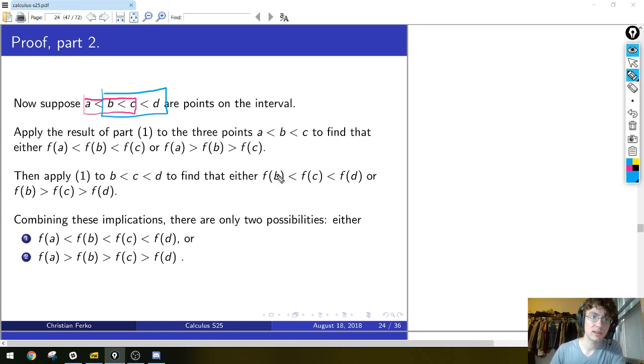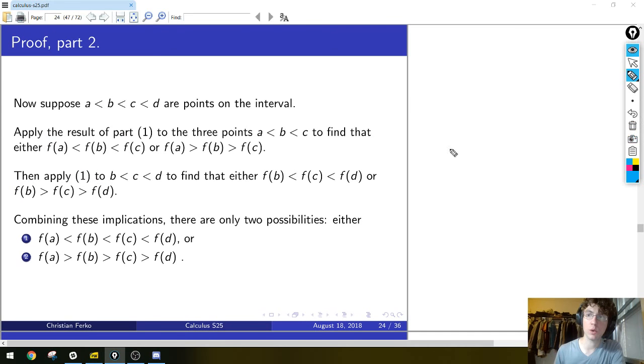But if both of these are true, then it must be that either it's strictly ascending in all 4 or strictly descending in all 4. I could not have that the first 3 are ascending and the second set of 3 are descending. I can't have both of these because the first one implies f of b is less than f of c and the second one implies f of b is greater than f of c. So I can't have this combination.